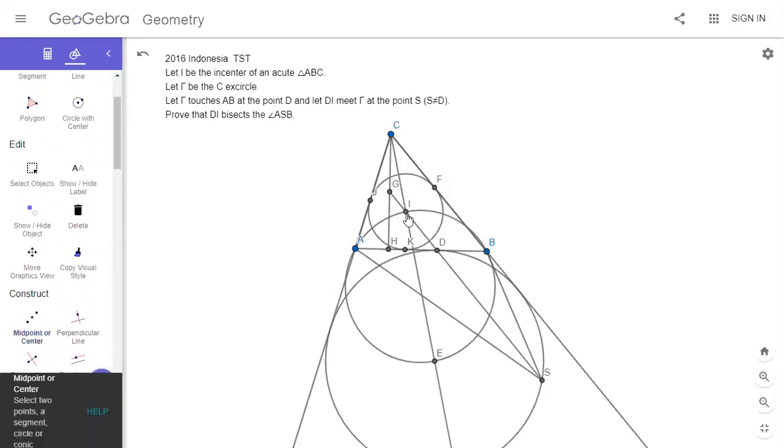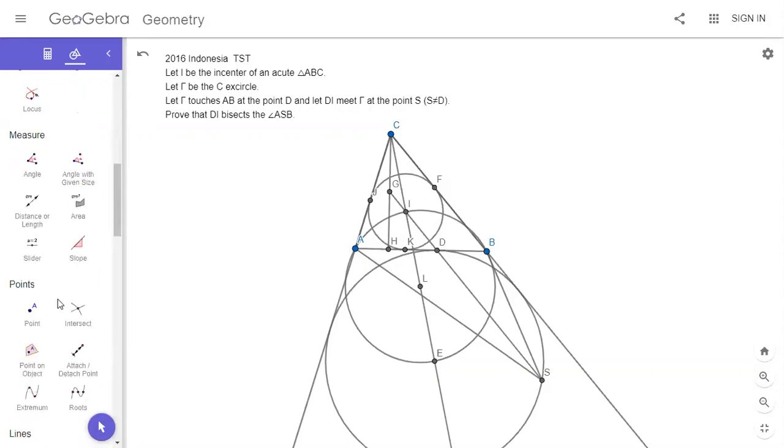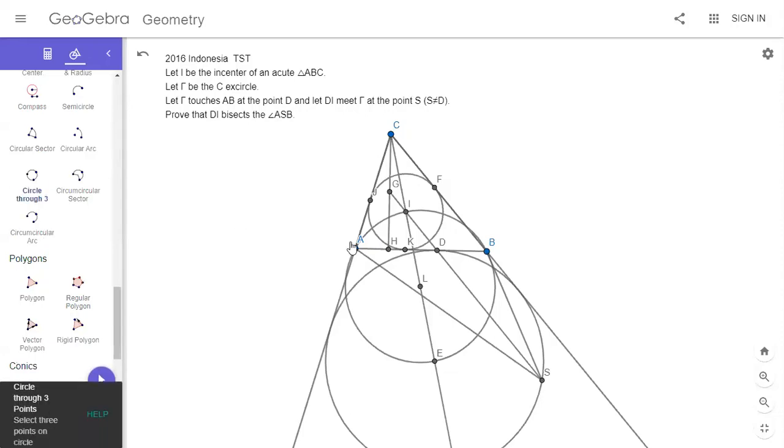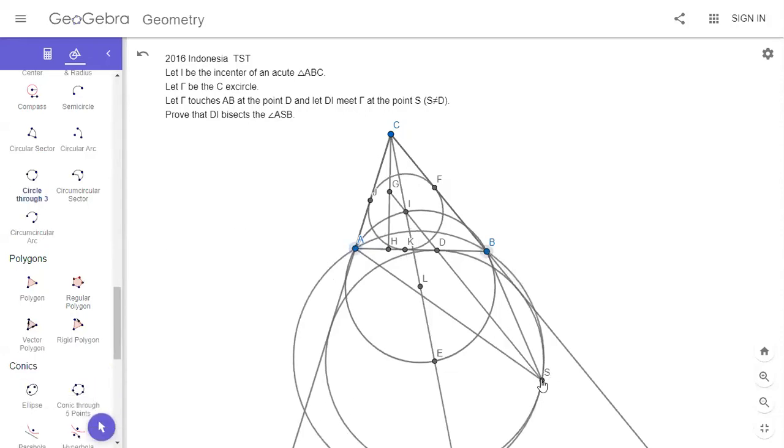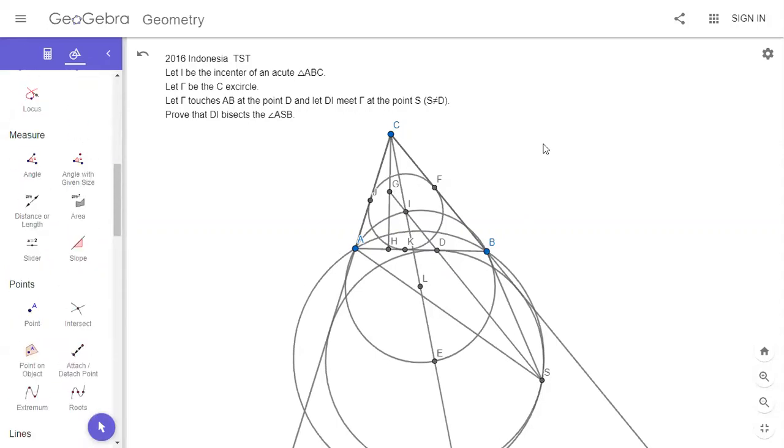Let me try this. Now, what if I try drawing the circumcircle of SAB?